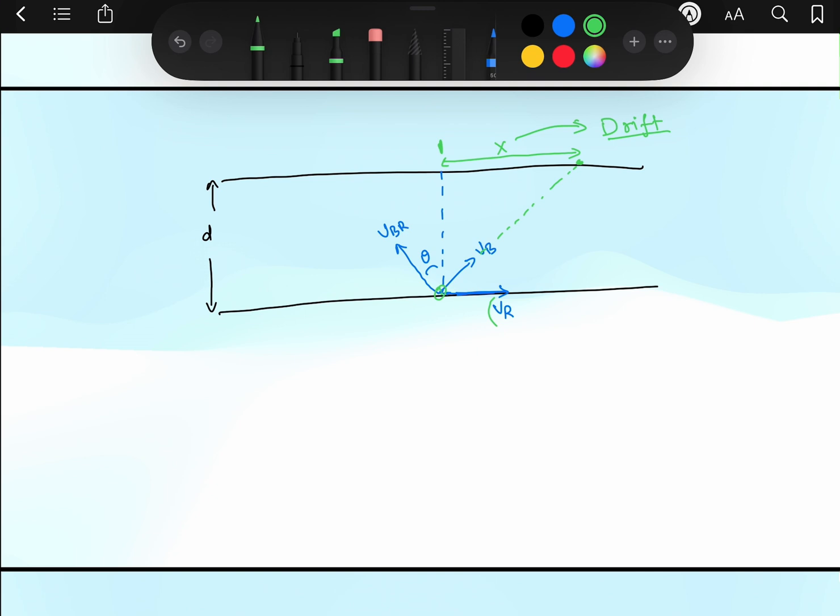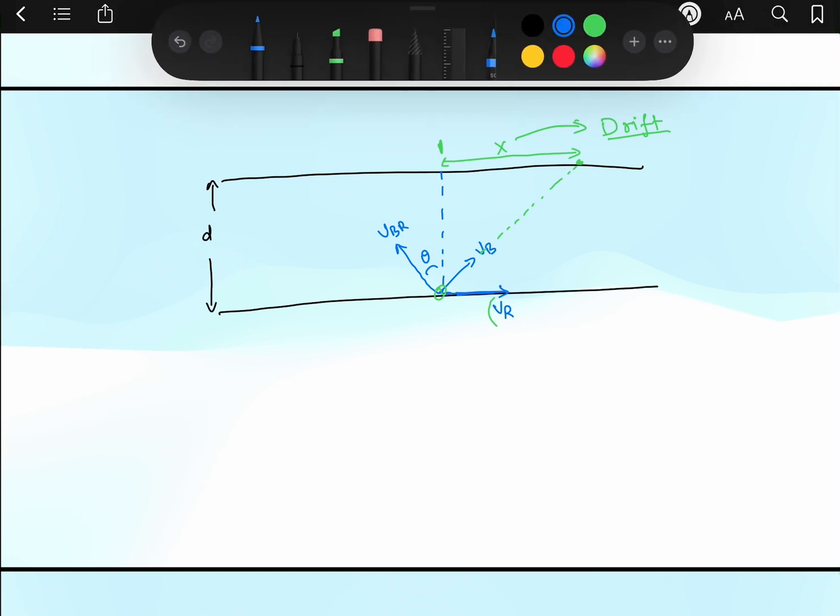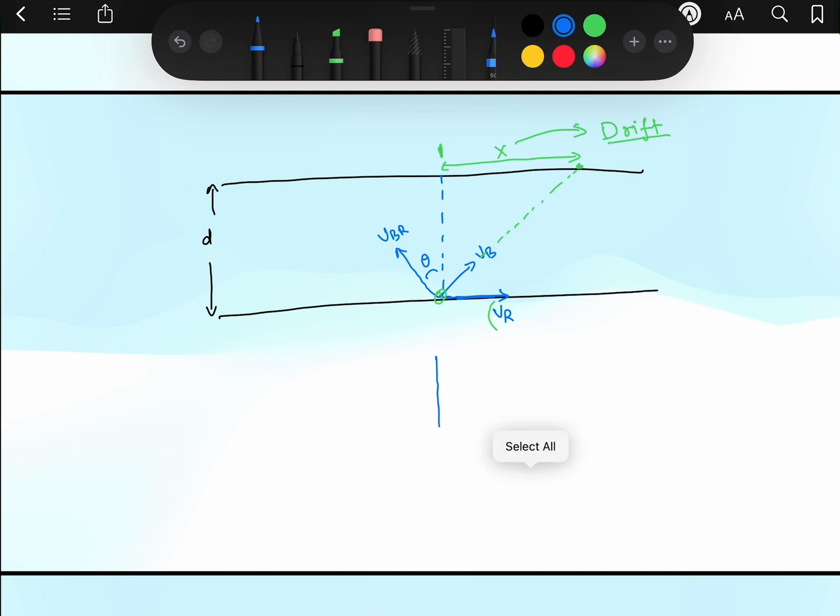Now again we can resolve the components. Our vertical component of the velocity will be Vbr cos theta. In a similar way, our net horizontal component is Vr minus Vbr sin theta.